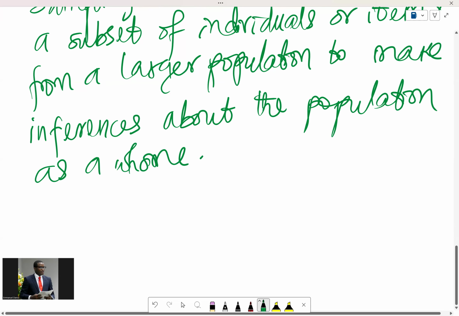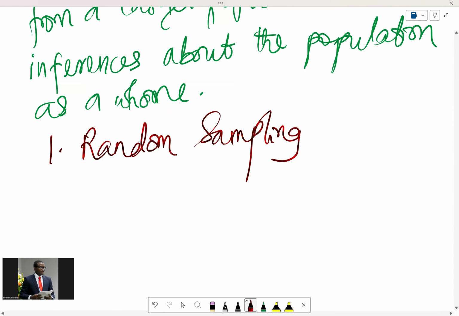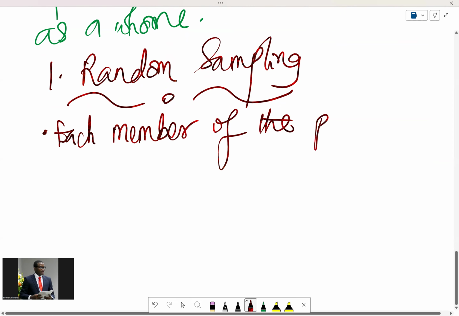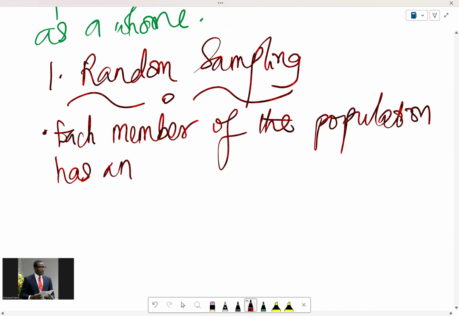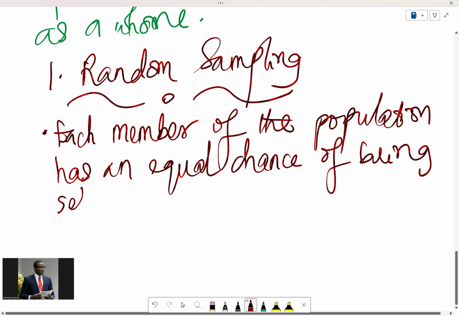Okay, so we have different sampling methods, right? So the first one will be random sampling. Okay. So here, each member of the population has an equal chance of being selected in a random sampling.